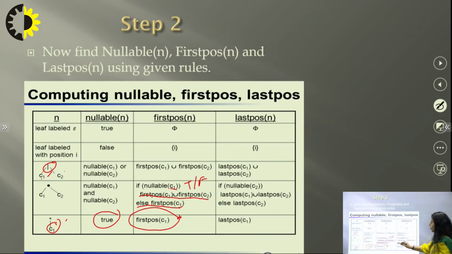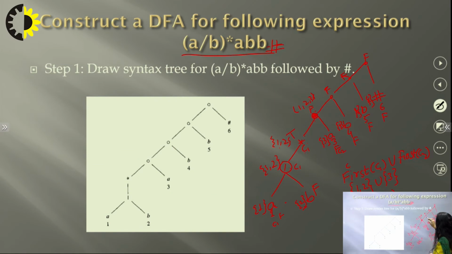Then we compute the else function, which is the firstpos of C1. So the firstpos of this concatenate symbol is the firstpos of C1, which is 1, 2, 3.